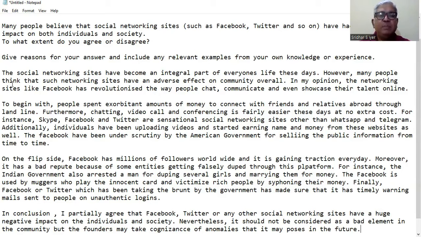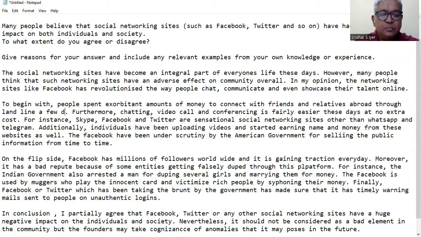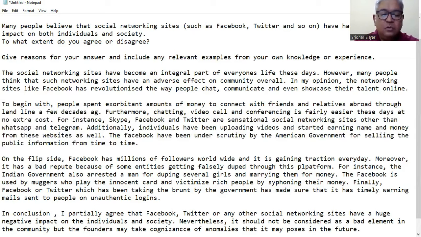To begin with, people spent exorbitant amounts of money to connect with friends and relatives abroad through landline a few decades ago. That was true. Furthermore, chatting, video call, and conferencing is fairly easier these days at no extra cost. For instance, Skype, Facebook, and Twitter are sensational social networking sites other than WhatsApp and Telegram.